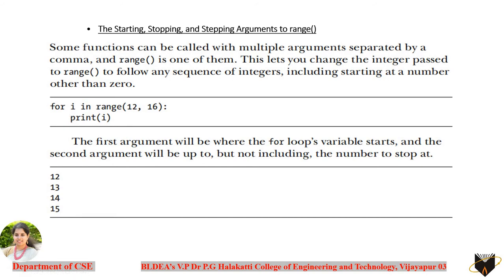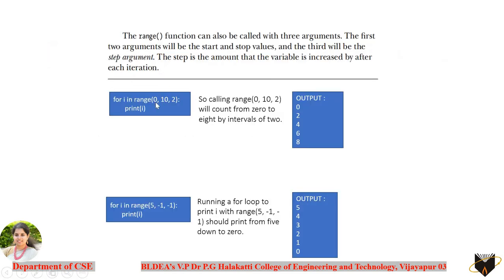So coming to one more thing, the range method also accepts three parameters. I'm not saying that you have to take two parameters or three parameters; it is not mandatory in all cases. Depending upon what you are writing the loop for, you need to decide how many parameters you need to take.